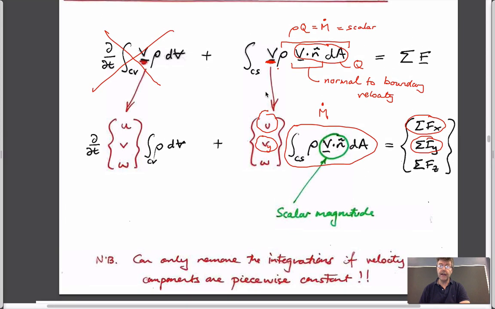In the same way that we had a sign convention when we dealt with the conditions of mass transfer, we also have a sign convention we have to deal with here. The sign convention is going to be exactly the same: if it's outflow, it's positive, and if it's inflow, it's negative. So we won't change our sign convention.